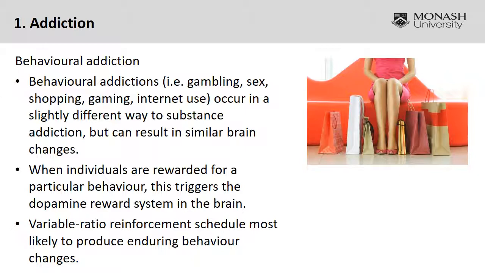This means that individuals are given a random reinforcement for a behavior, not a reward every time, but say a reward every 2 times, and then a reward every 3 times, and then maybe the next time. So there's a variable number of reinforcements, and it perhaps means that people never know when their behavior is going to be reinforced, but it will happen eventually.